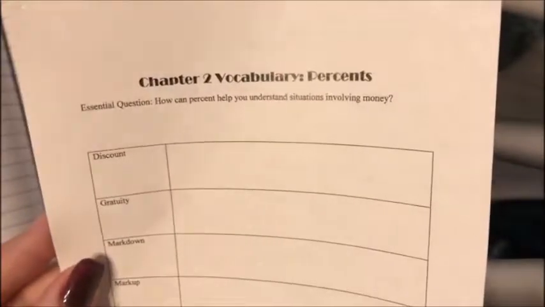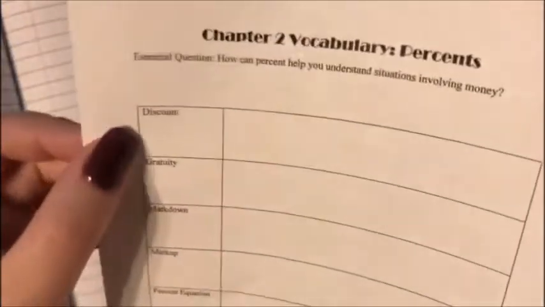You're going to put Chapter 2 Vocabulary Percents, the one that has discount at the top. That's on page 26.